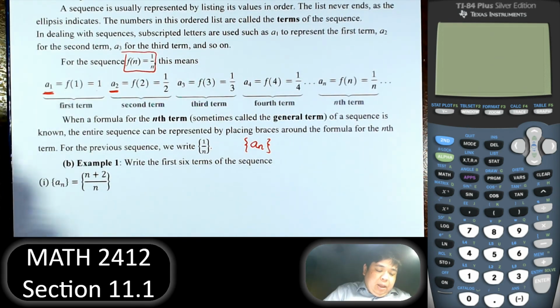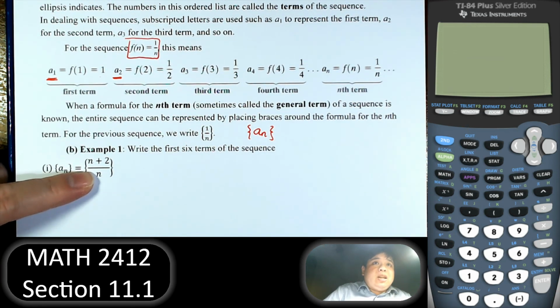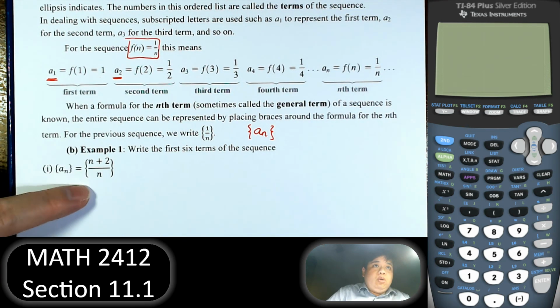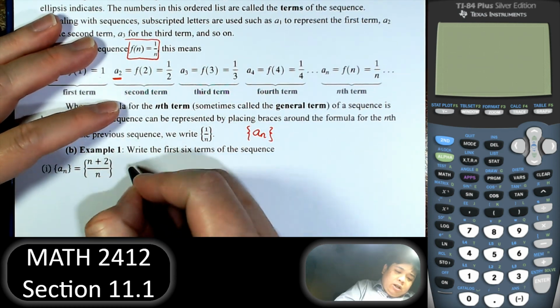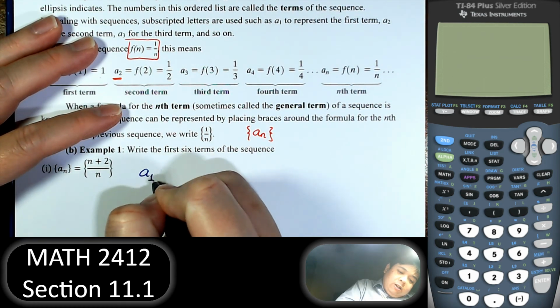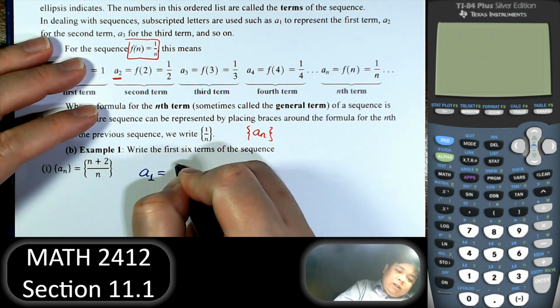Now let's write the first 6 terms of this sequence, n plus 2 over n. The first 6 terms, so we will have a1. We're going to put 1 in for n.